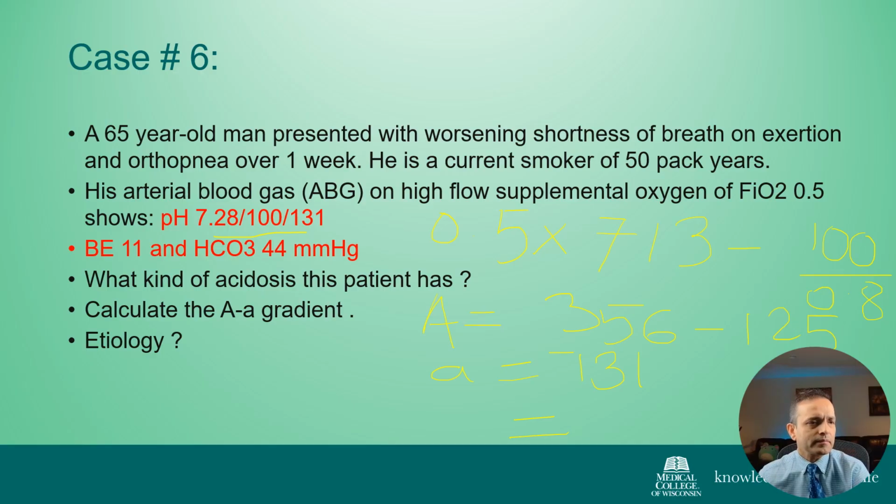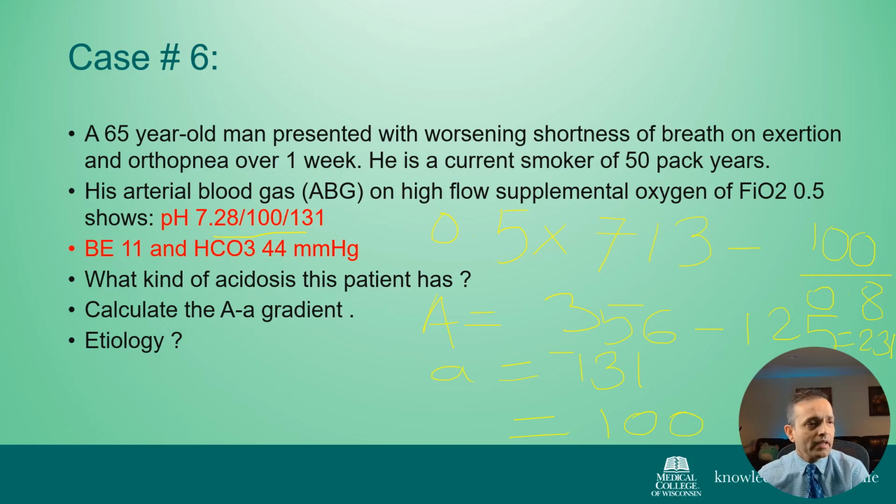How much? The big A is 231, right? 231. So small a is 131. So 100. So that is the A gradient. So the A gradient is elevated.